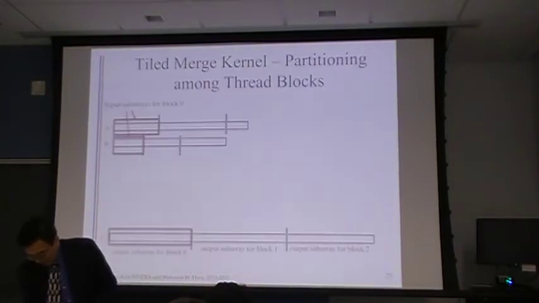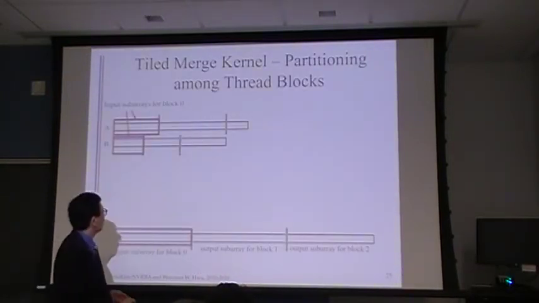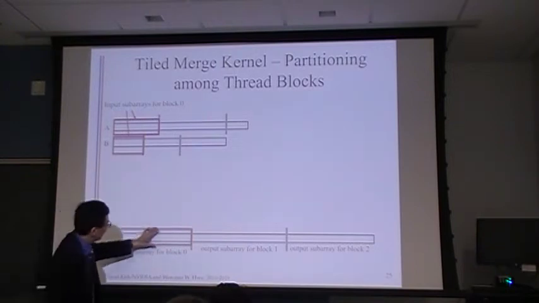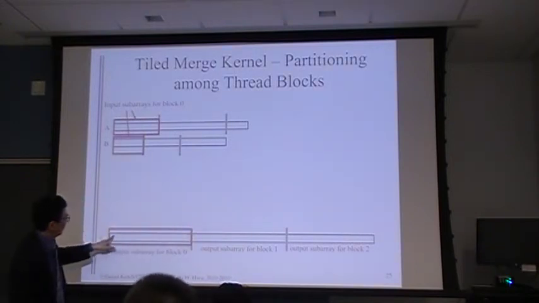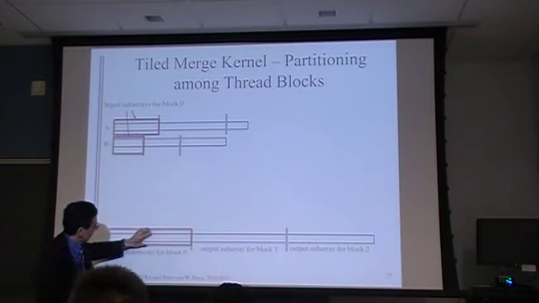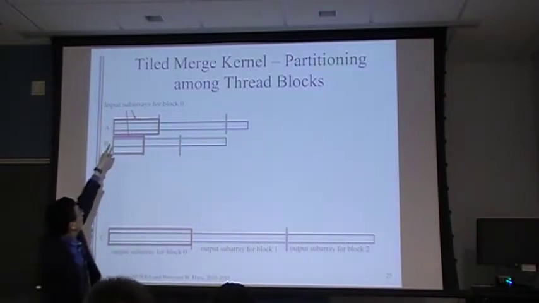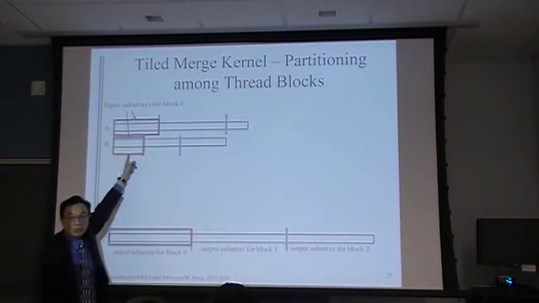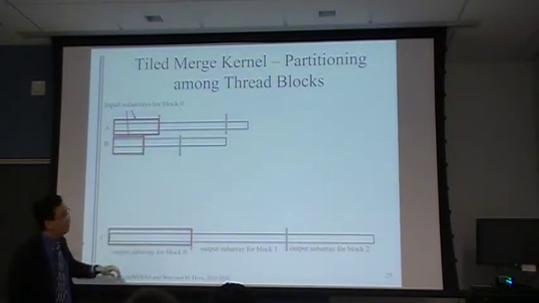So what we're going to do is like this. For that first section, we're going to have a long section here, and then we need to have a section of A and a section of B to be merged into the same, right?